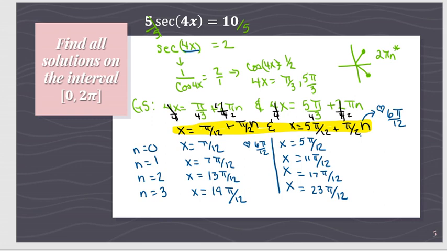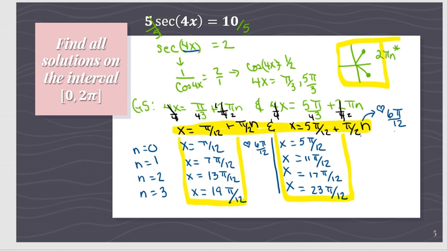There's all my answers, and this is my beautiful number right there. Okay, so my next set of solutions are all of these and all of these, and of course my general solution and my drawing to help me right there.